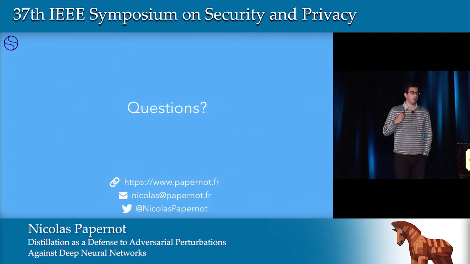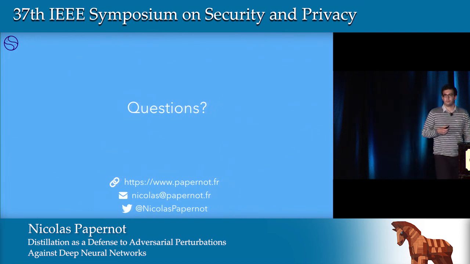However, in more recent work, we showed that this knowledge is not required to conduct the attack. As a matter of fact, adversaries can conduct black box attacks on any machine learning technique by training substitute models for their target.